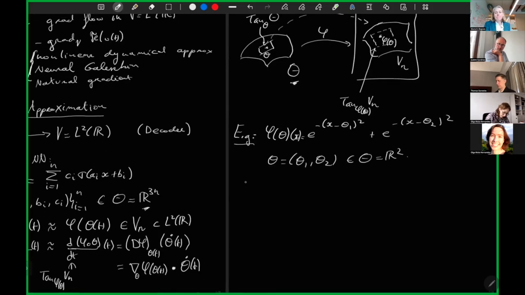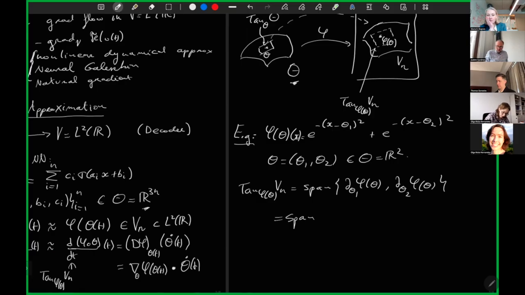Now, if we look at the tangent space of this function through Vn, we can quickly realize that this is given by the partial derivatives of phi with respect to the parameters. In our case, if I differentiate with respect to these parameters, I get functions of this sort: exponential of minus (x minus theta 1) squared, and exponential of minus (x minus theta 2) squared. And so here comes the catch.